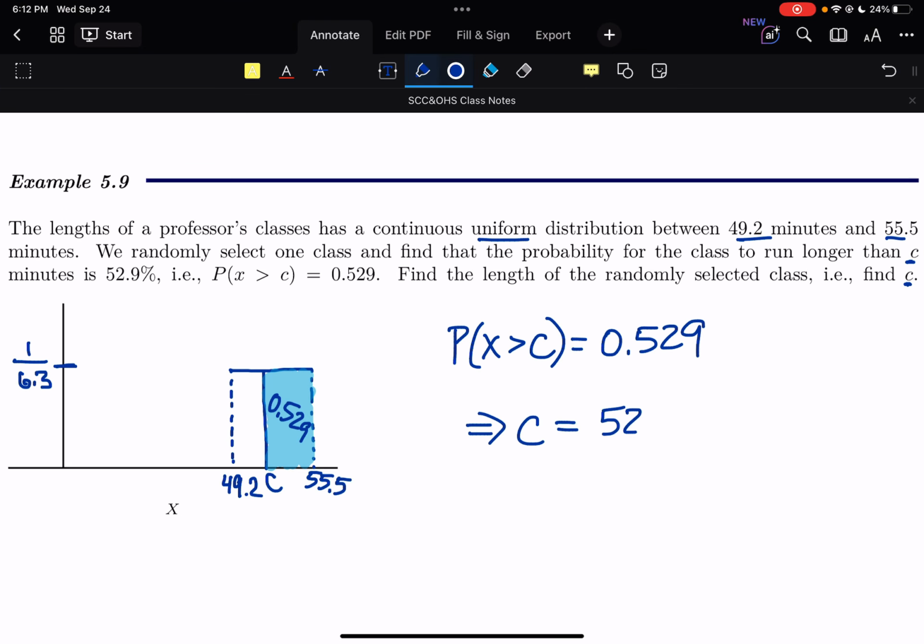So 52.17 minutes. So if we have a randomly selected class where 52.9% of classes are longer than it, okay, that's 52.9% above this class length, then that class length is going to be 52.17 minutes.